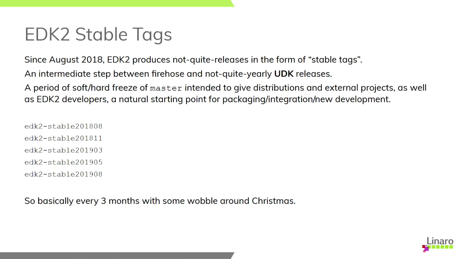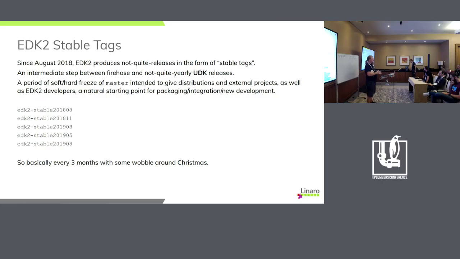We're putting some freeze period in and making sure that in the week or weeks before we make a new tag, at least it's just bug fixes going in. This is giving people a halfway house between drinking from the fire hose and getting the not quite yearly UDK releases, which occasionally end up missing bits anyway.